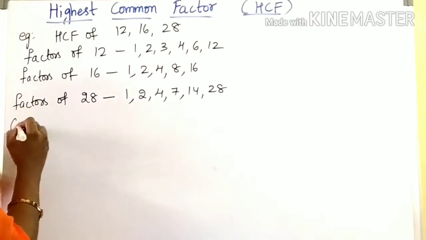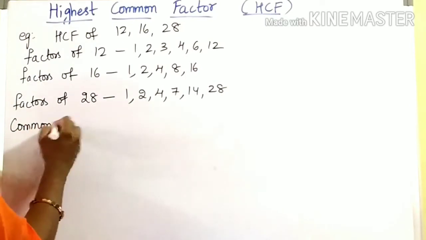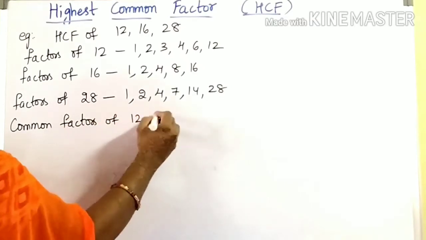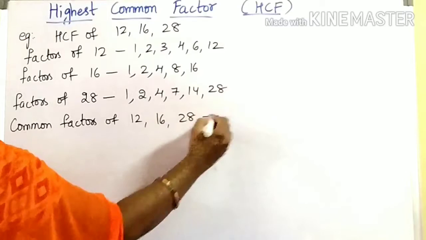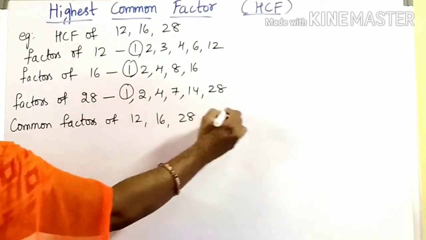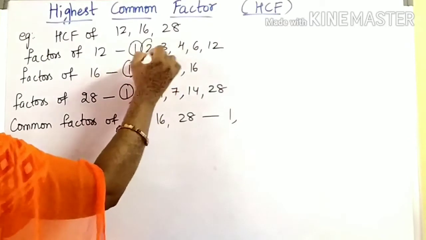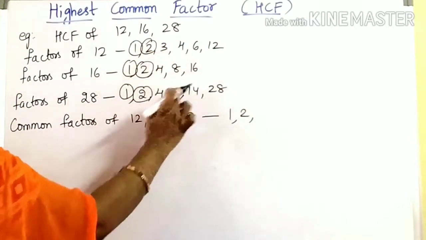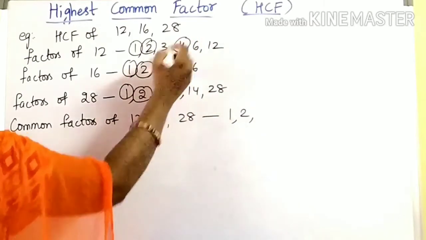Now we will find the common factors of 12, 16 and 28. If you observe, 1 is common because 1 is the factor of every number. Next 2 is also common. Next 3 is there but not in the others. Again 4 is common.